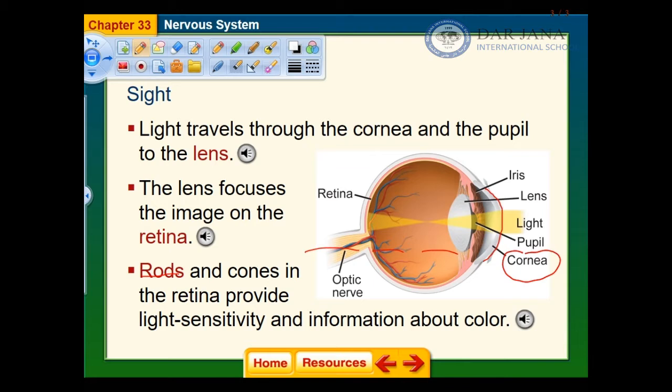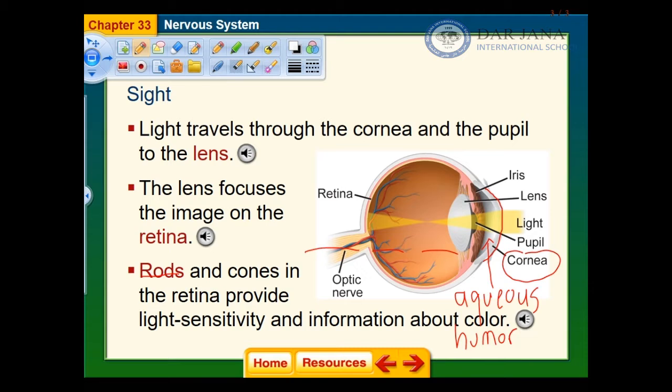Since the cornea is transparent, the light will move on to the fluid that is giving the cornea its concave shape. This fluid is not mentioned in the book. It's called the aqueous humor.